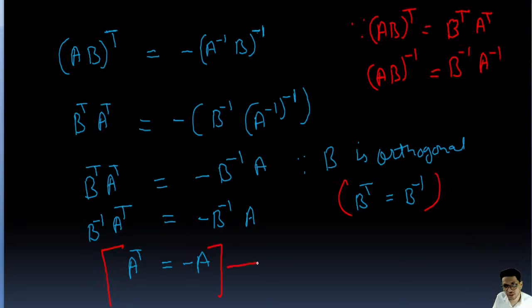If transpose of A equal to A, then that matrix is called symmetric matrix. This is a property. If transpose of A is minus A, then it is an antisymmetric matrix.